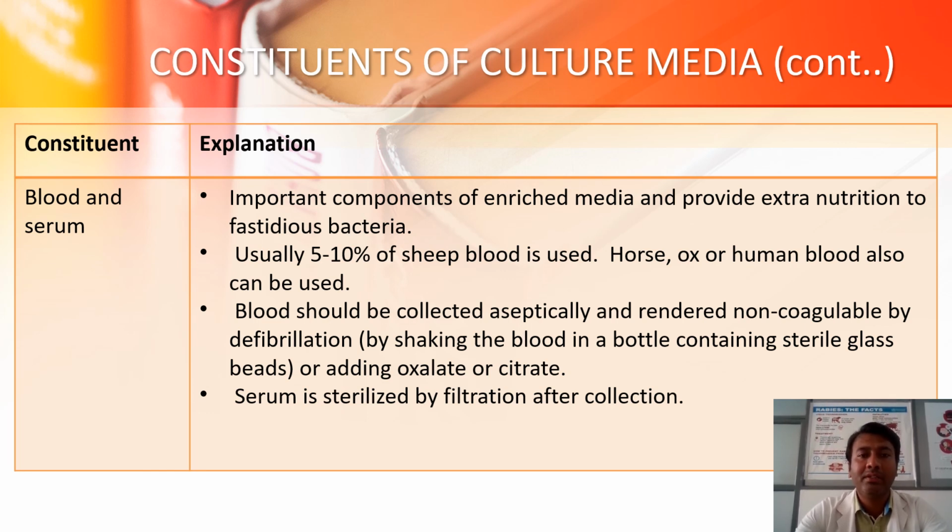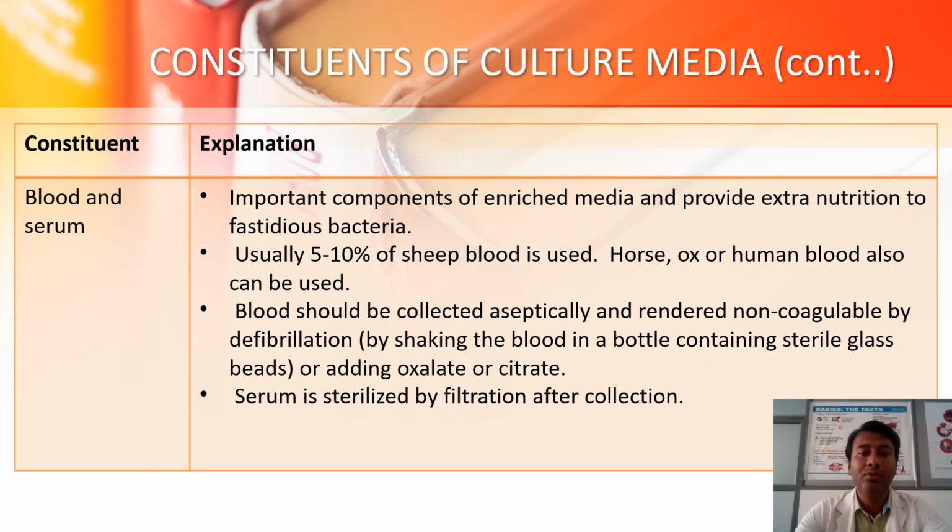So the important components of enriched media, blood and serum, provide extra nutrition to the fastidious bacteria. Now comes the question, what are fastidious bacteria? Fastidious bacteria are those bacteria which, apart from the usual or basic culture medium, require an extra nutritional source for their growth and multiplication. Usually this is provided by 5 to 10% of sheep blood.